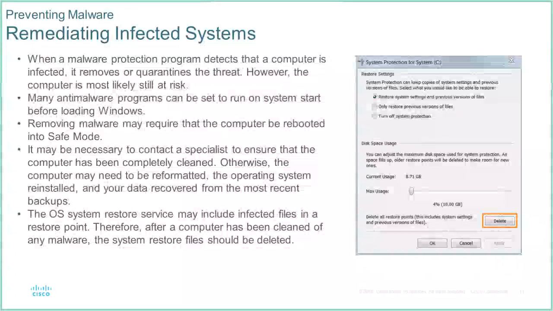That's not always a viable solution because some of the viruses actually attack your restore points, your config files. So that may not be a viable option. As I said, the best option is keeping your files up to date and backed up, and worst case scenario, just re-image the machine and keep going.